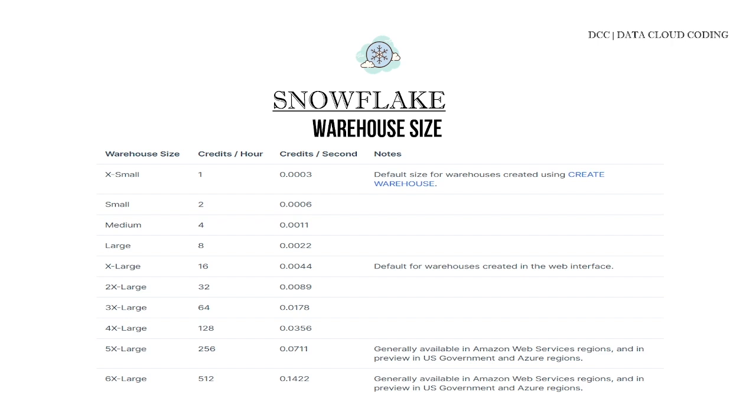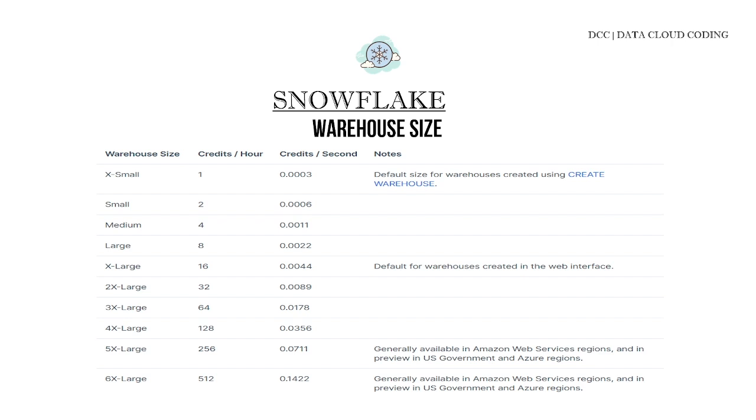Extra small consumes 1 credit per hour. Similarly, small consumes 2 credits per hour. A medium sized warehouse consumes 4 credits per hour, and so on. And the 6XL sized warehouse consumes a huge 512 credits per hour.